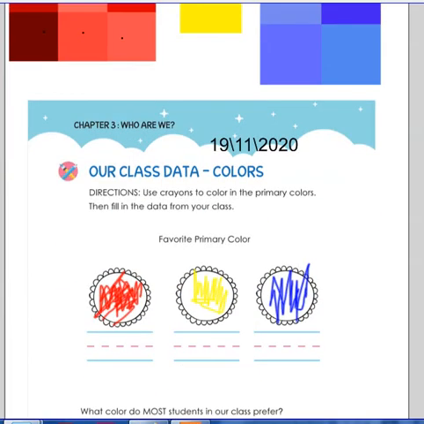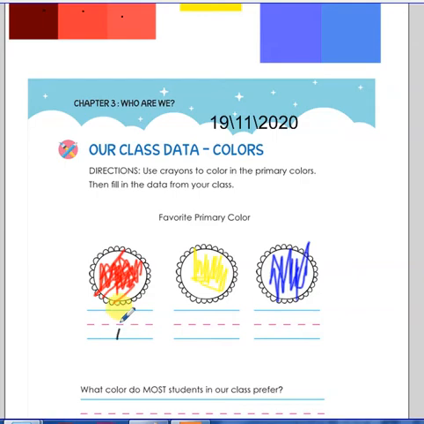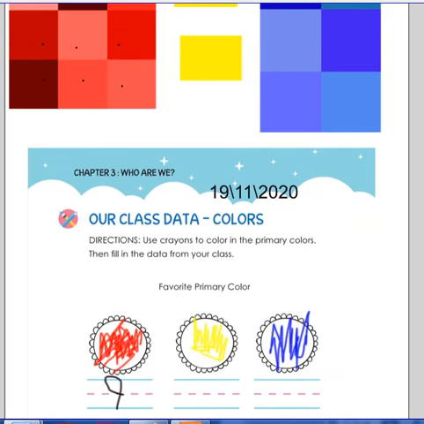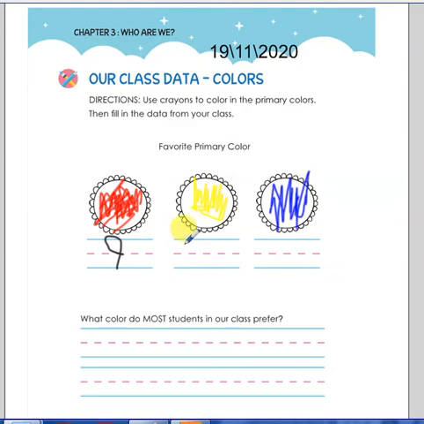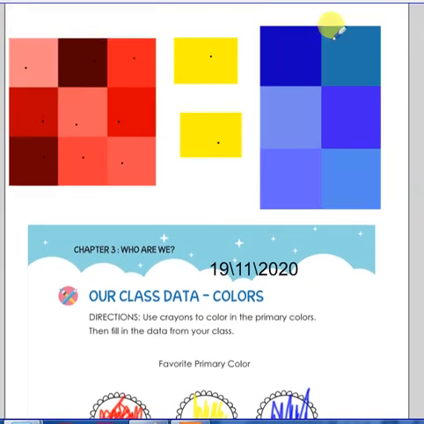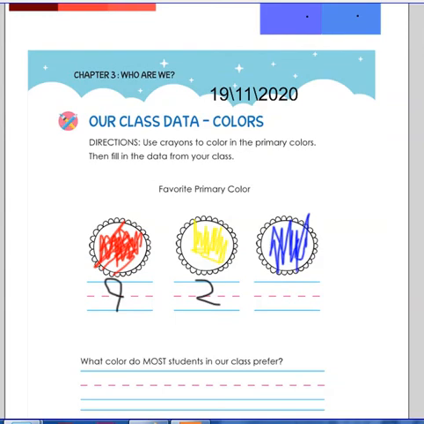Okay, write 9. How many yellow? 1, 2. 2 yellow. How many blue? 1, 2, 3, 4, 5, 6. 6 blue.